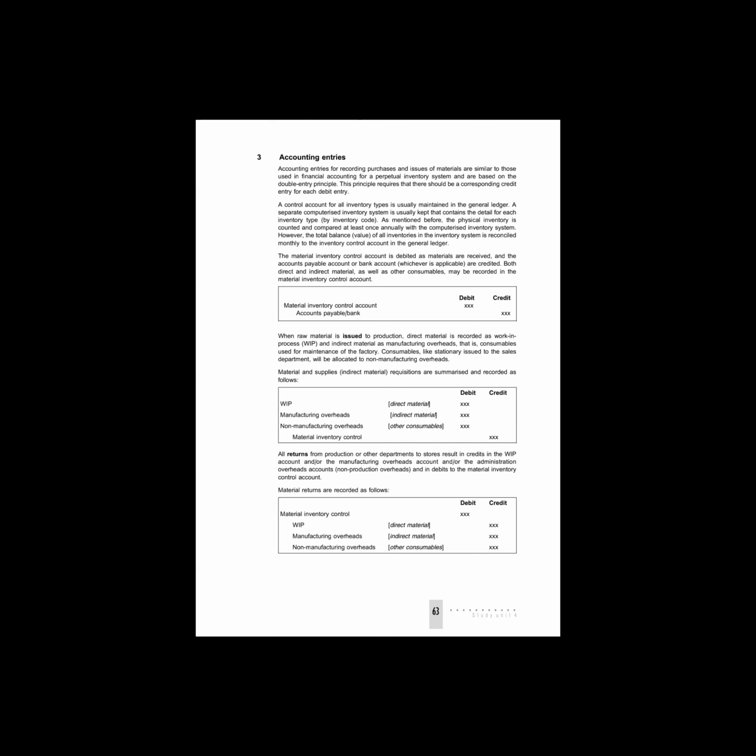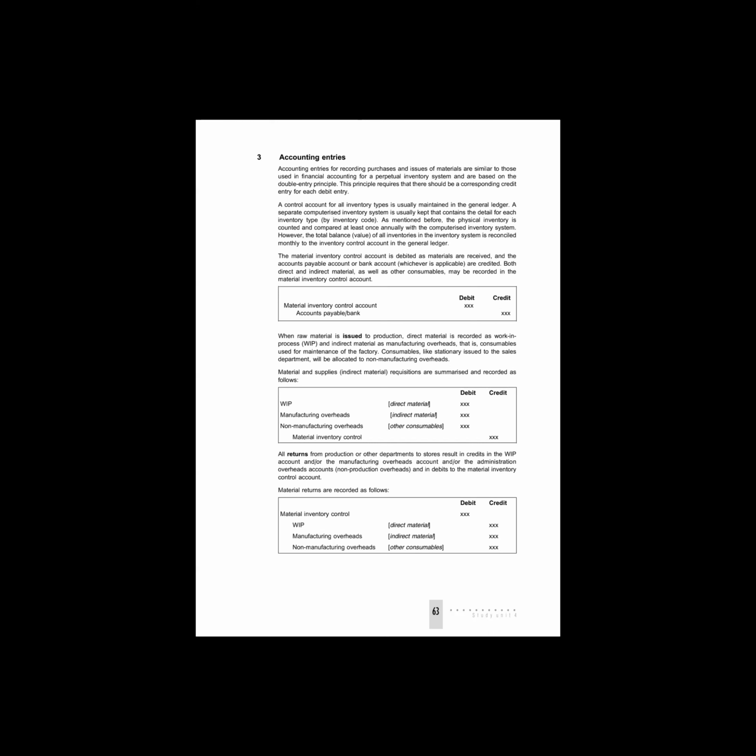And then other consumables like stationery, etc. Those ones are non-manufacturing, so you need to watch out for that. If you remember on the notes, non-manufacturing costs fall under period costs. Those ones would fall under period costs, so we don't include them in our manufacturing costs.